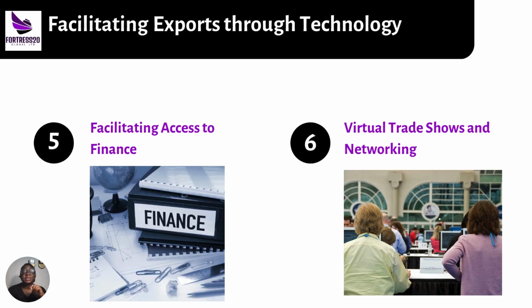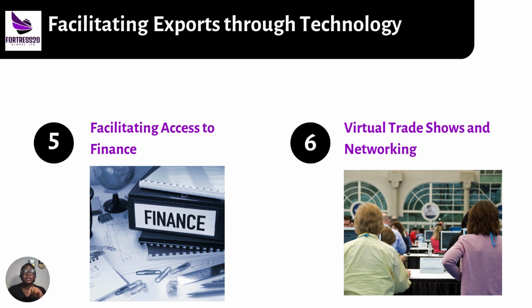Number five is facilitating access to finance. Fintech platforms enable exporters to secure trade financing, manage payments and reduce transaction risk. Policymakers can create a favorable regulatory environment that encourages the use of digital financial services and export financing tools.